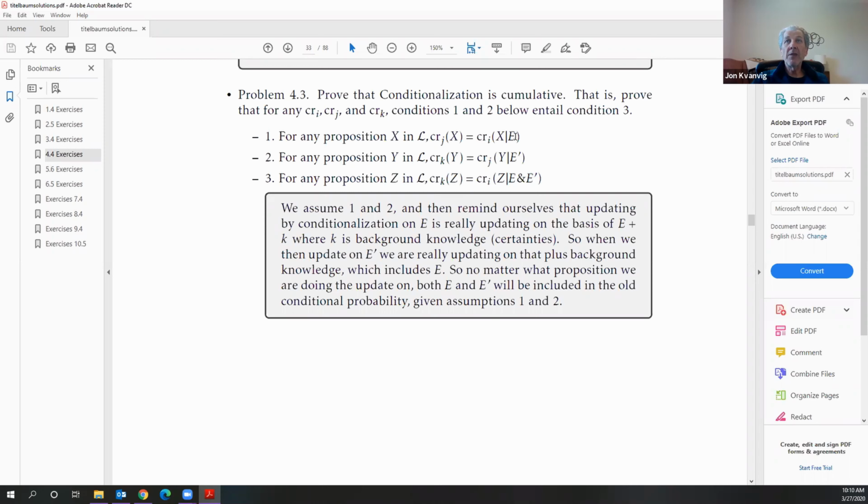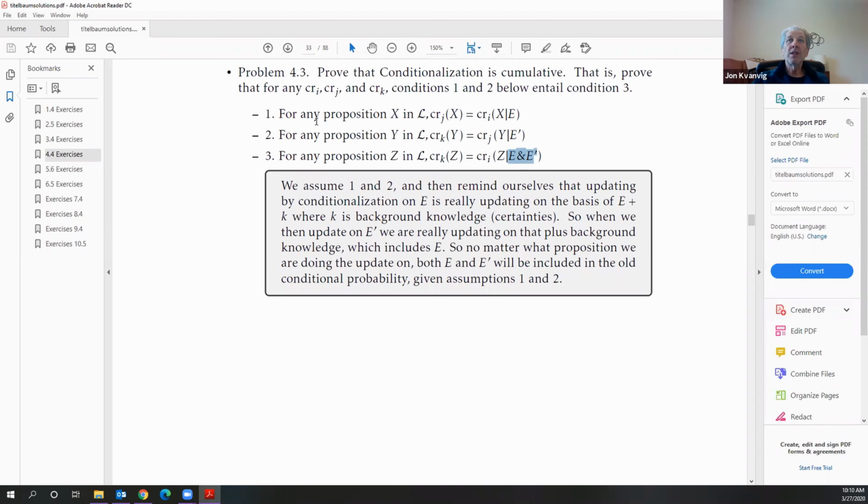So you learn E between I and j, and then you learn E prime between j and k, which is the same thing as updating to k straight from I based on the conjunctive evidence, E and E prime.